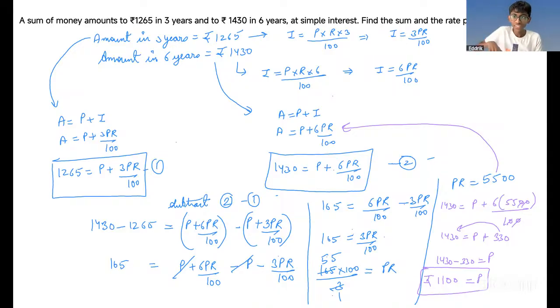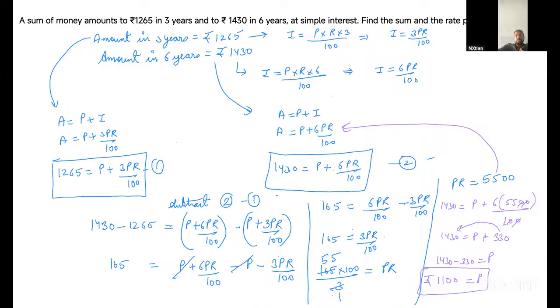Then interest for 6 years you can say 330. What's the answer? 7, 8, 4, 5. Yeah, correct. Mine is correct.